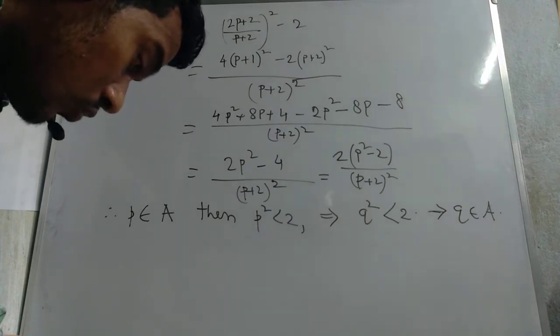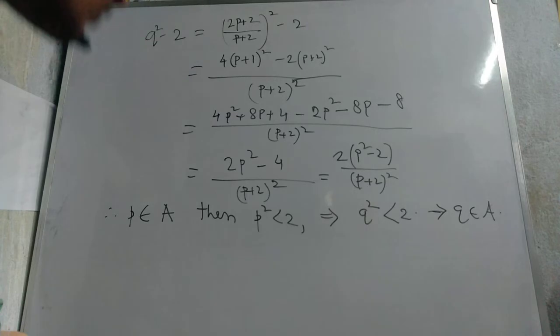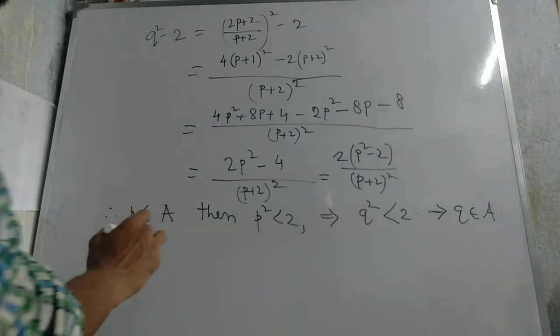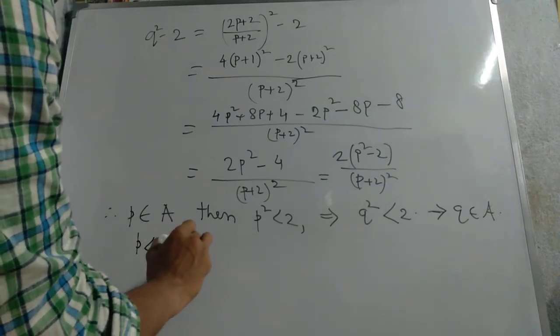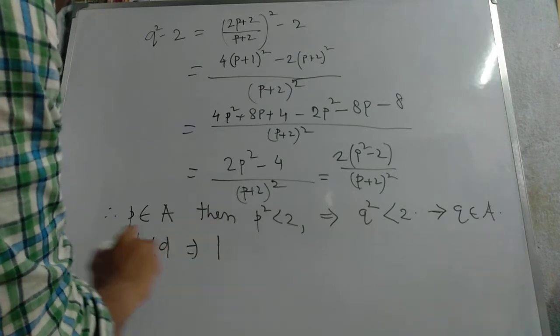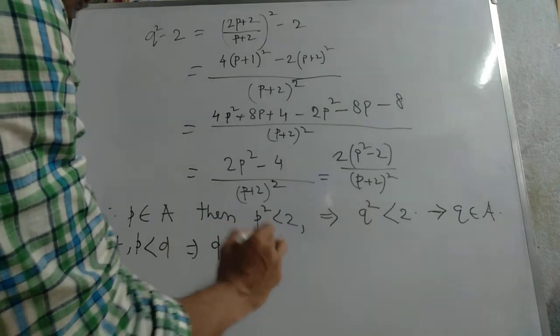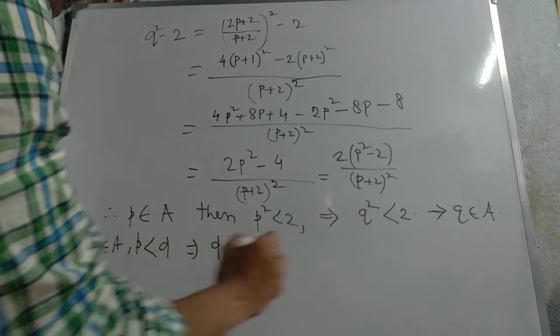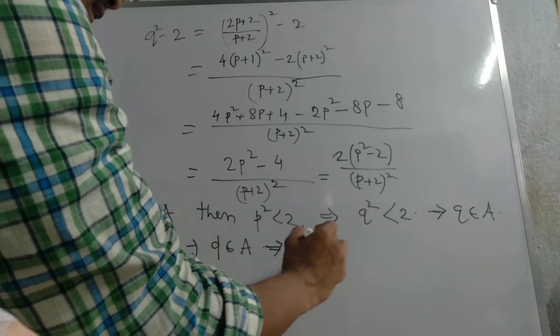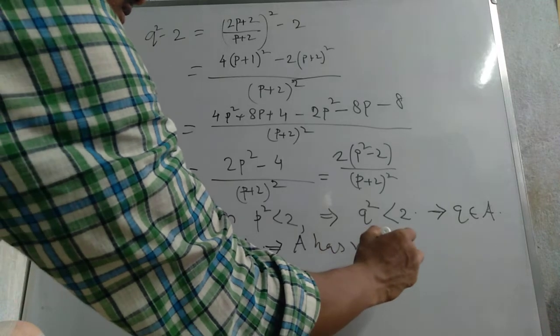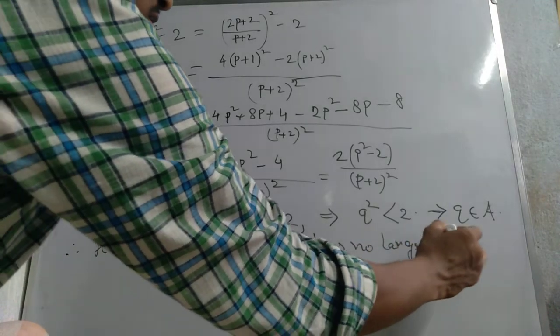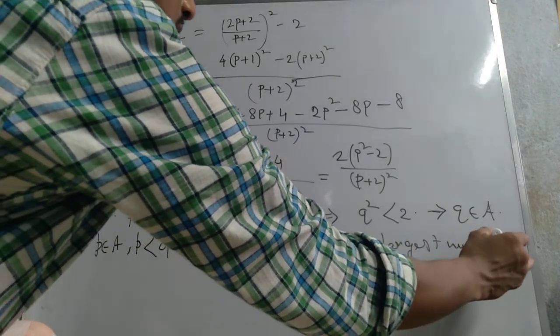So p belongs to A and p less than q implies q belongs to A. This implies that A has no largest number. Understand?